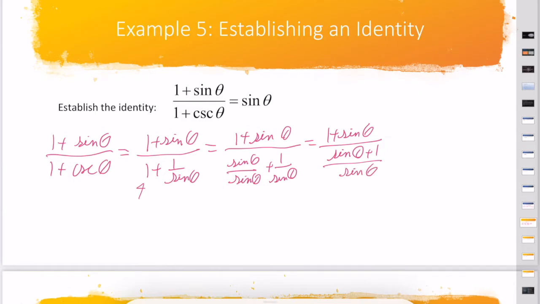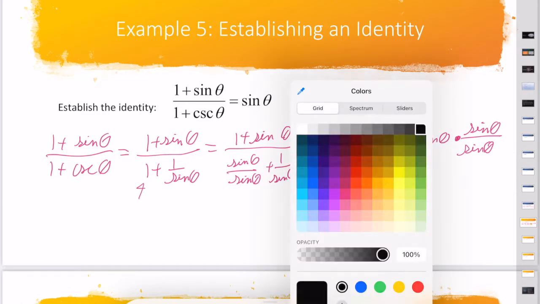Now I'm going to go ahead and divide this. When I divide by a fraction, I keep the first fraction the same, I change from division to multiplication, and I flip the second fraction. We're going to take the reciprocal. So I have sine of theta over sine of theta plus 1, which I'm going to rewrite as 1 plus sine of theta, because that makes my life so much easier.